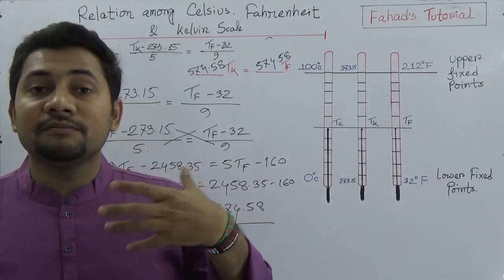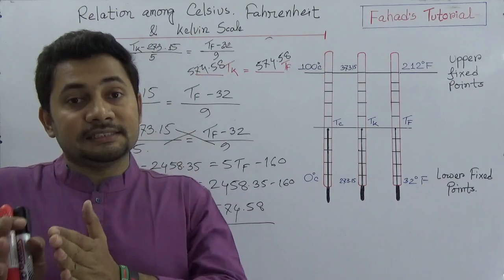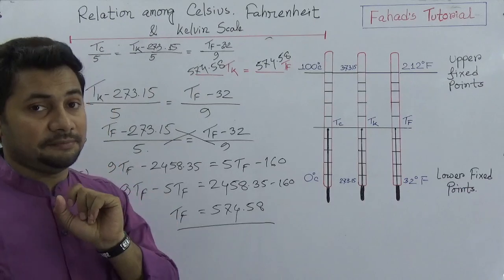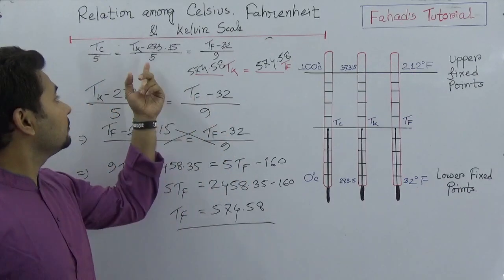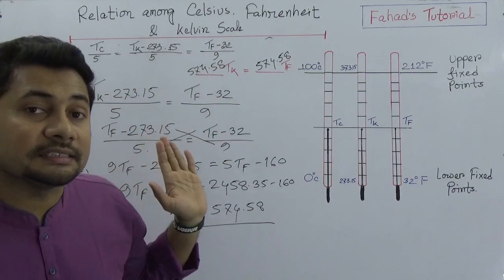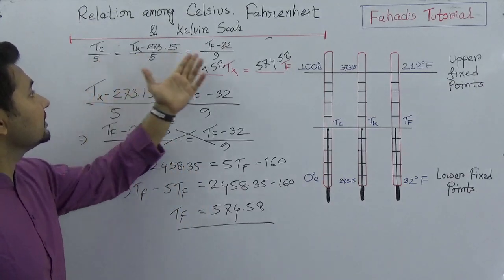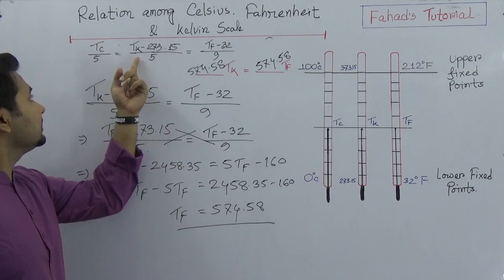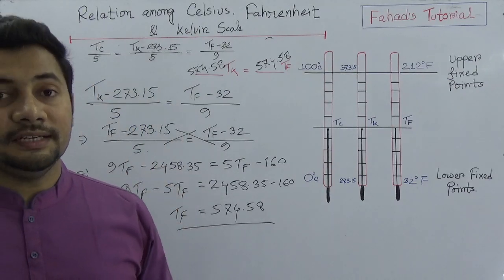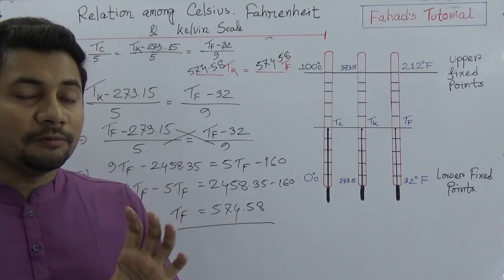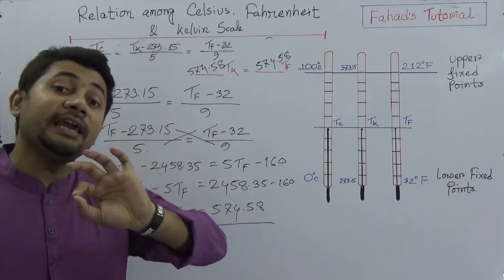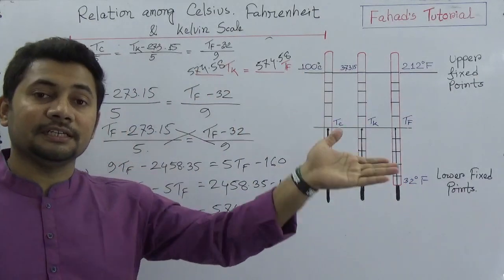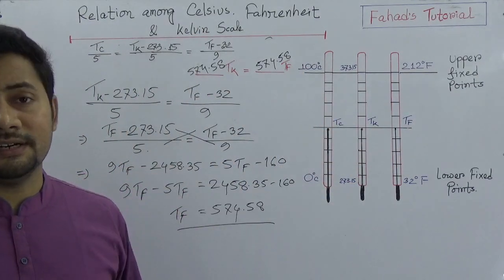So we can find a temperature where Celsius and Fahrenheit are the same, and where Kelvin and Fahrenheit are the same, fine. But at which temperature Kelvin and Celsius are the same, we won't find any value. So I hope if any temperature is given in any unit, Celsius, Fahrenheit or Kelvin, you can convert it into the other units.